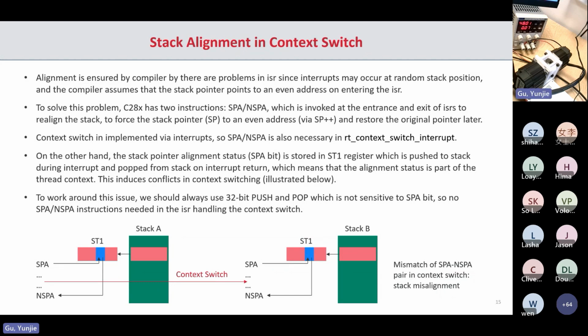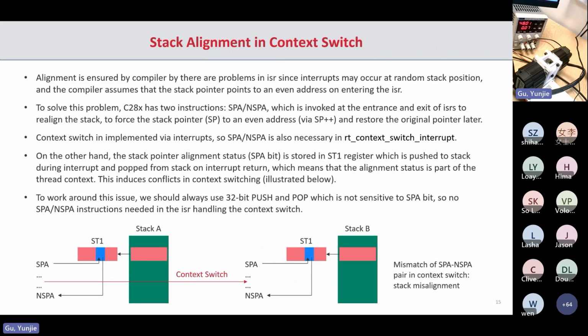So when you switch from 16-bit to 32-bit, you have to leave a gap here. And this is actually maintained by the compiler, which we do not have to worry about. But the problem is when an interrupt occurs, and the interrupt is random, the compiler does not know whether this interrupt occurs at some gap of the stack.